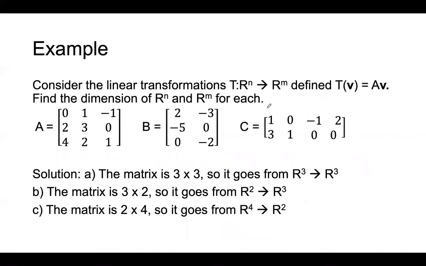So consider the linear transformation. Find the dimensions of Rn and Rm for each of the following. This is a 3 by 3, this is a 3 by 2, and this is a 2 by 4. If you multiply it by a 3 by 1, because the 3 has to cancel, the 3 by 3 matrix goes from R3 to R3.